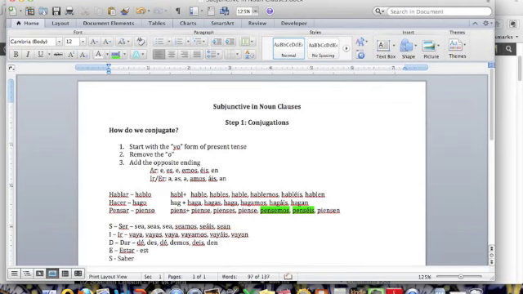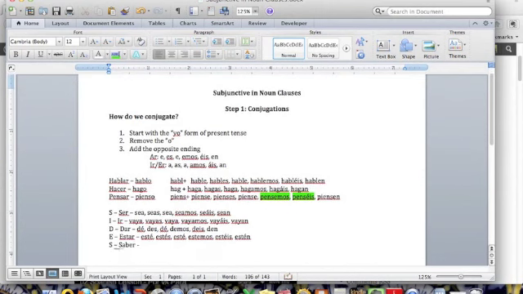Estar looks a lot like it does normally. Esté, estés, esté, estemos, no accent on that one, estéis, estén. And finally, saber, the super, super, super irregular, sepa, sepas, sepa, sepamos, sepáis, and sepan. So all of these are a little bit irregular, or not a little bit, but completely irregular because of their yo forms being irregular as well.